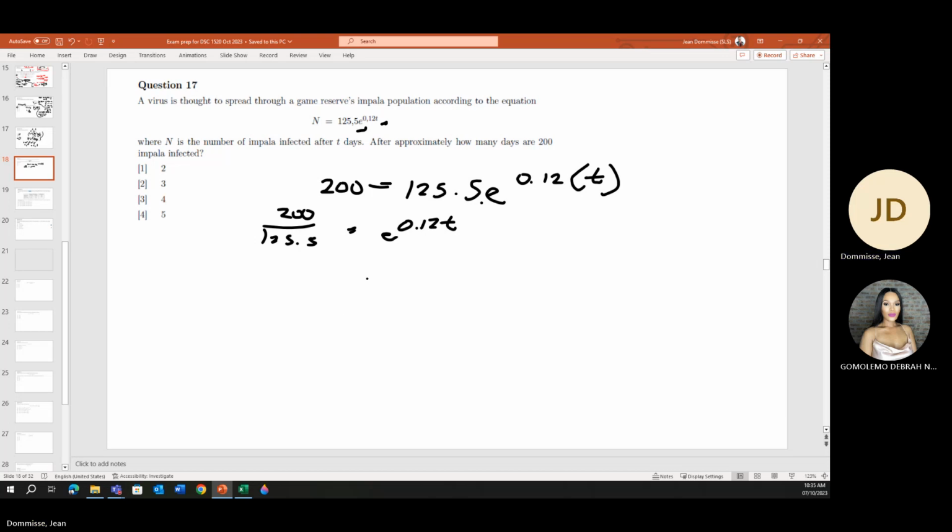So then to get rid of the e, we basically take ln on both sides.